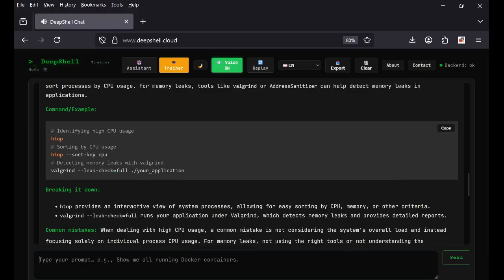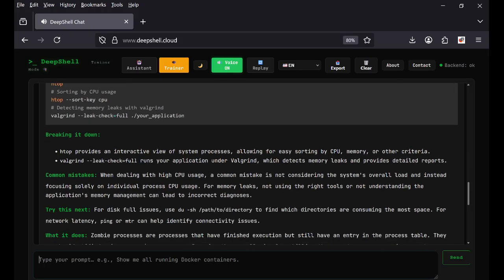Command/example. Breaking it down. htop provides an interactive view of system processes, allowing for easy sorting by CPU, memory, or other criteria. valgrind --leak-check=full runs your application under Valgrind, which detects memory leaks and provides detailed reports.